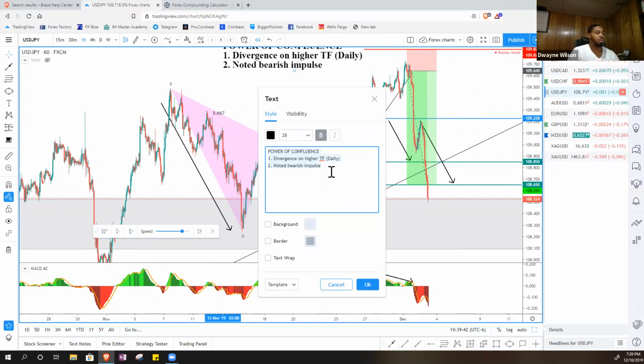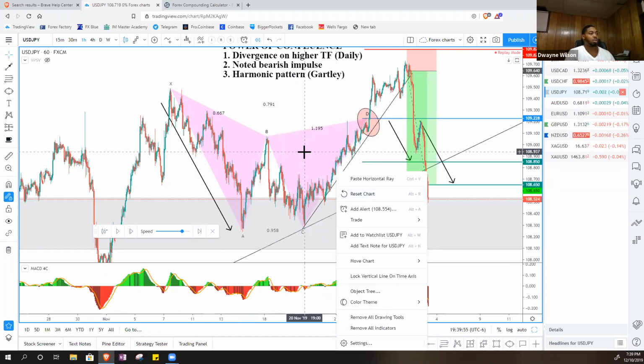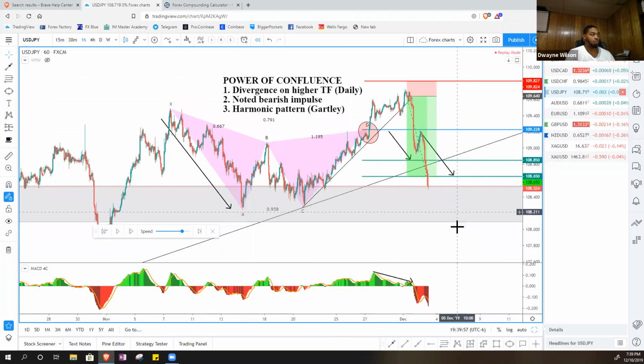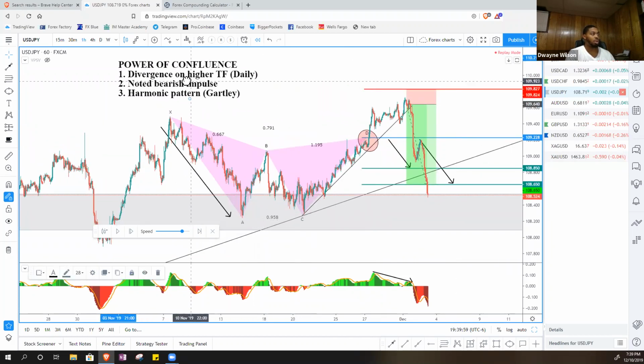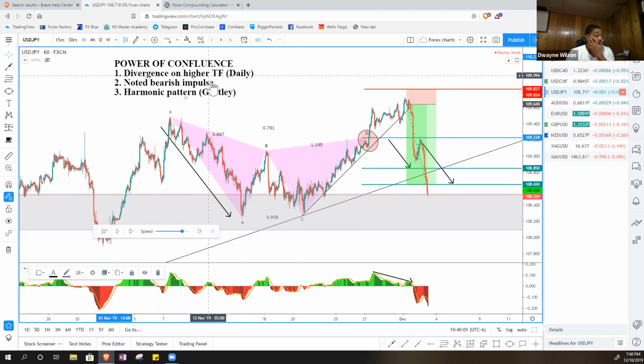So now the harmonic pattern, and in particular, this one here is the Gartley. Another reason to look for a potential sell.